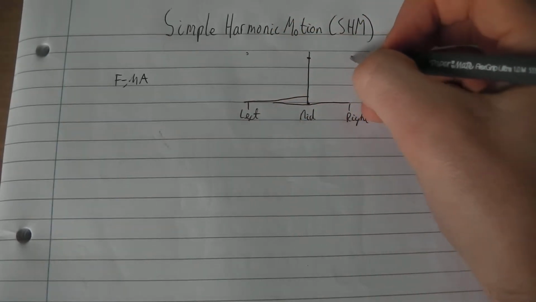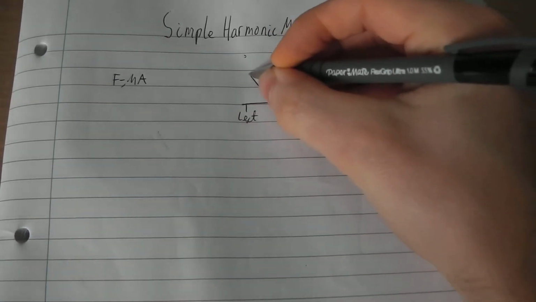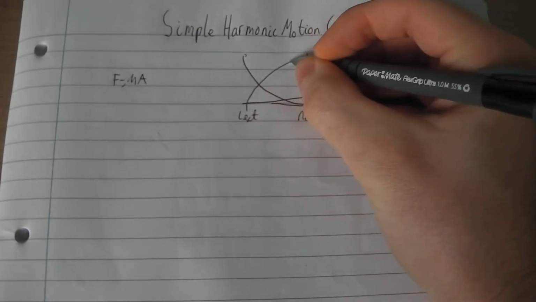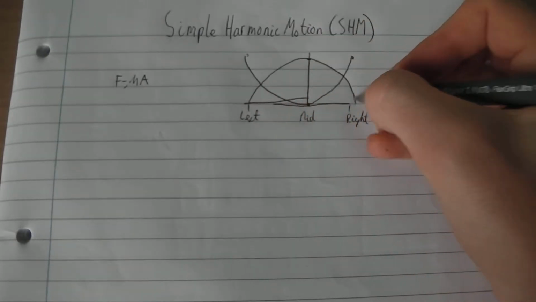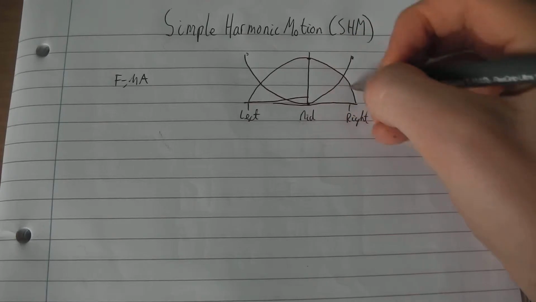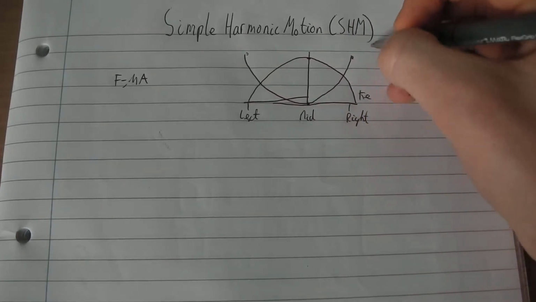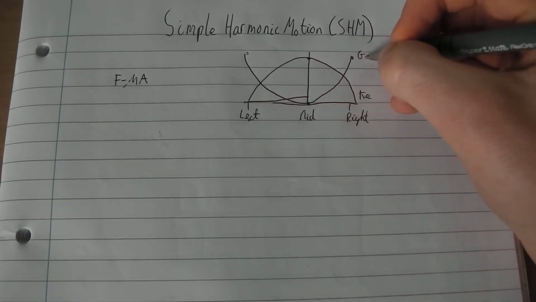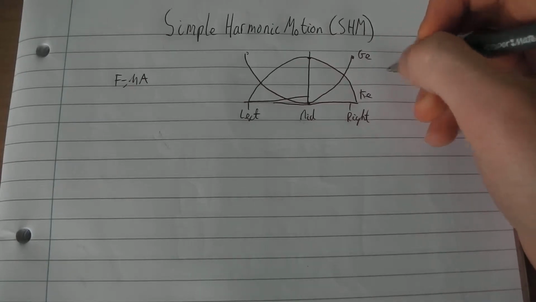So what you can then do is draw two lines as so. This one here being kinetic energy, and this one being, we're saying, gravitational energy in this case.